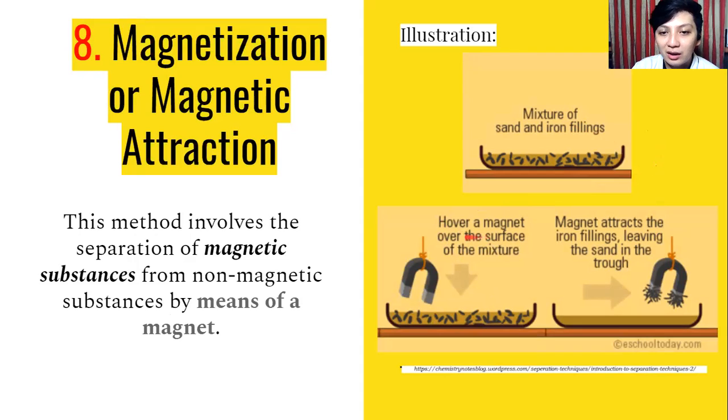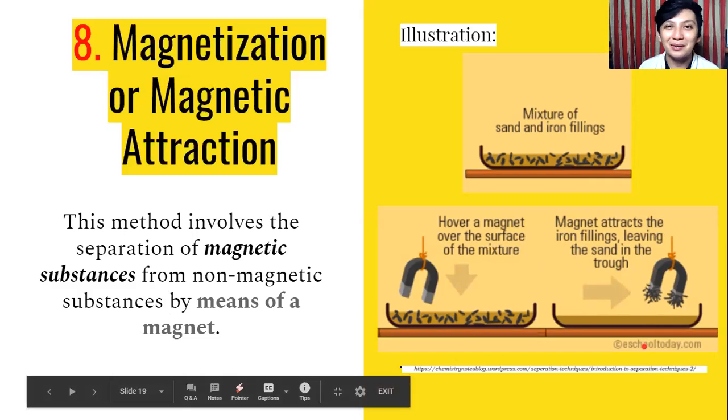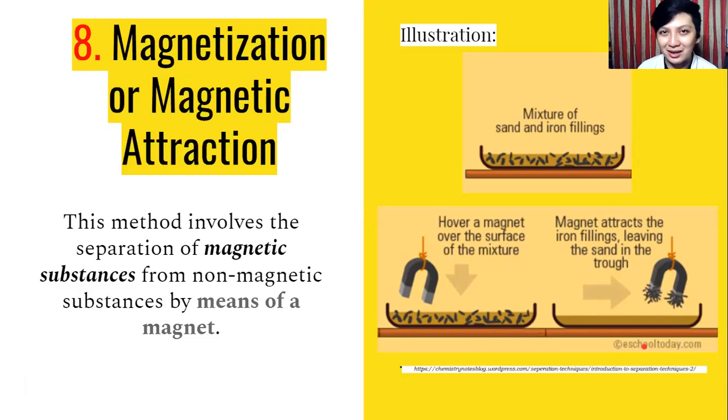Hover a magnet over the surface of the mixture, and you will see that, basically and logically speaking, the magnet attracts the iron filings, leaving the sand in the tray. So that's how it works. If you want to separate magnetic substances, just use a magnet.